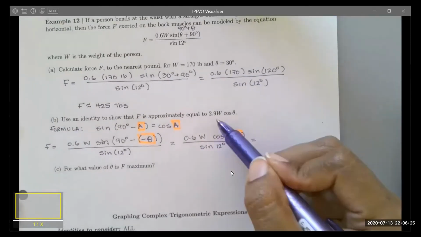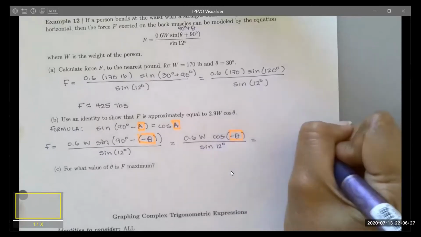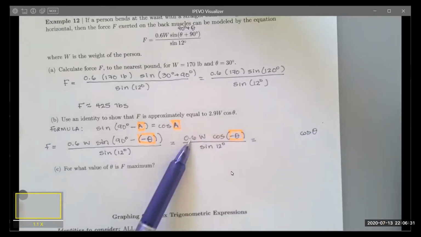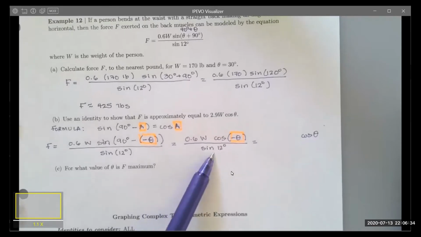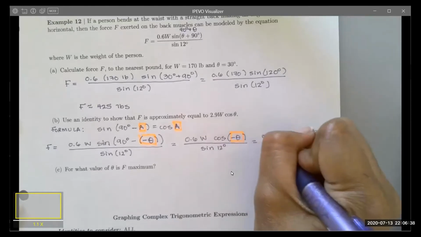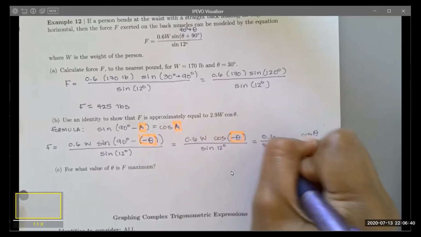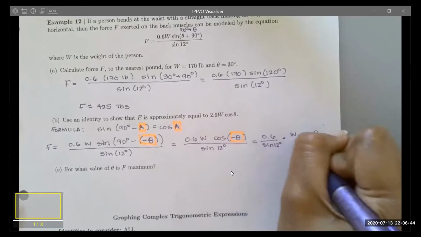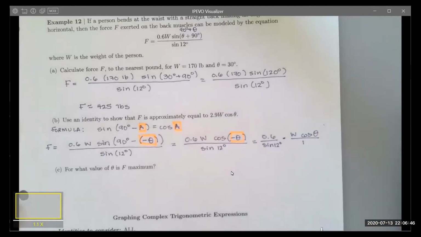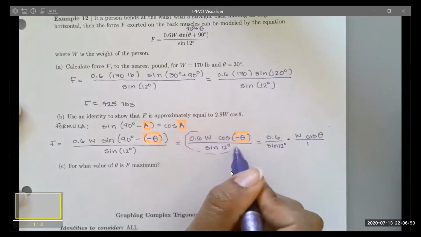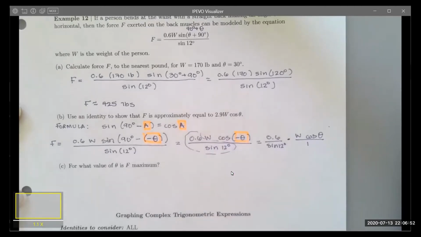Now in order to get this 2.9, so I'll just write the cosine theta. In order to get this 2.9 W, we can take the 0.6 over sine of 12 and simplify that. So what I'm going to do here is write this as 0.6 divided by sine of 12 degrees, times W times cosine theta over 1. I'm simply grouping these together, and we would still have the same expression.